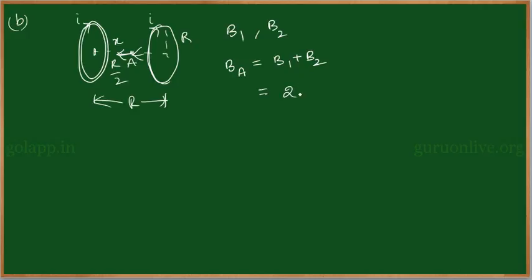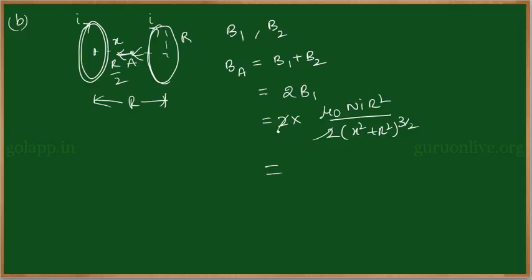So B1 is equal to B2, so you can write 2B1, that is equal to 2 into mu naught Ni into r square by 2 into x square plus r square whole to the power of 3 by 2. The 2 gets cancelled, and we can substitute x value here. x is r by 2. So mu naught into Ni r square divided by r by 2 whole square plus r square whole to the power of 3 by 2.